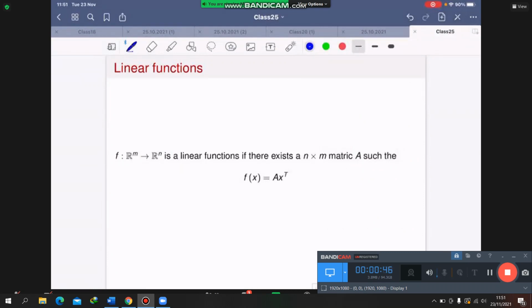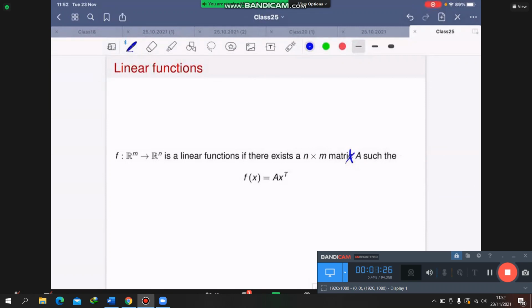What is a linear function? Linear functions are defined by matrices. I have a function from R^m to R^n.